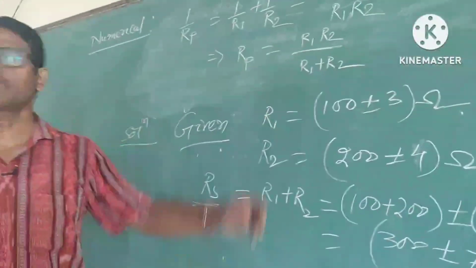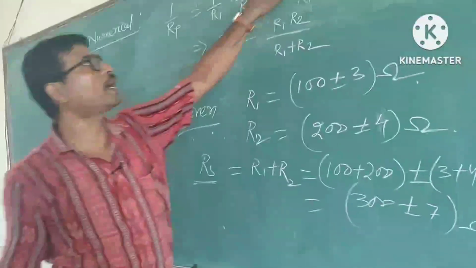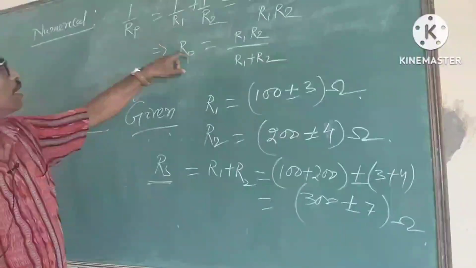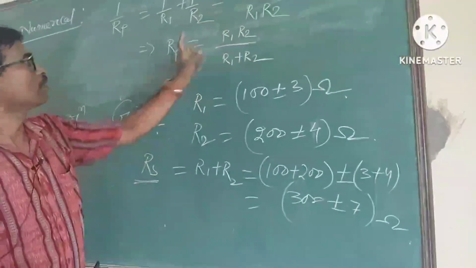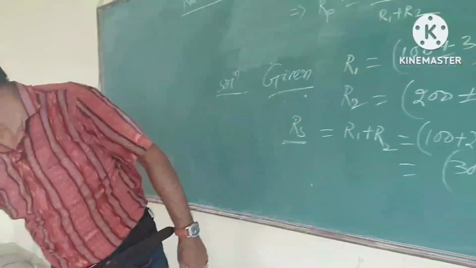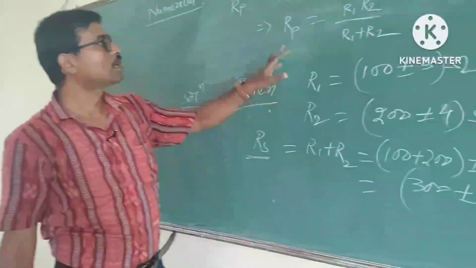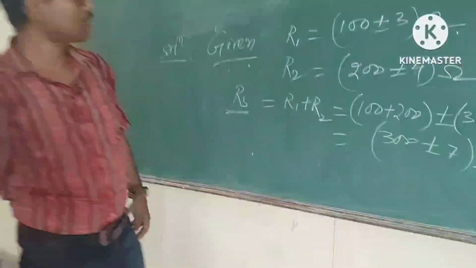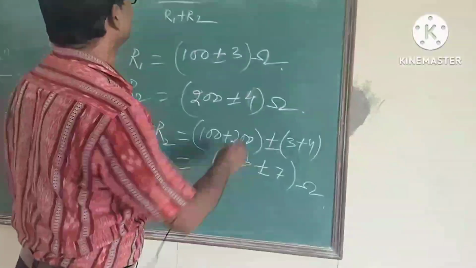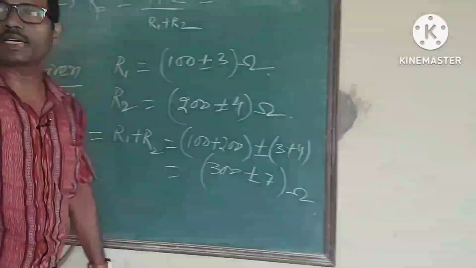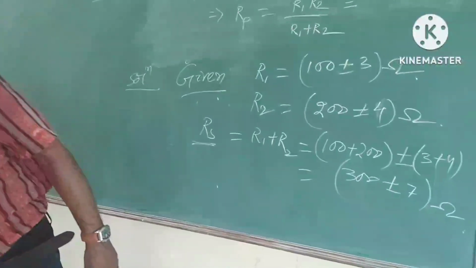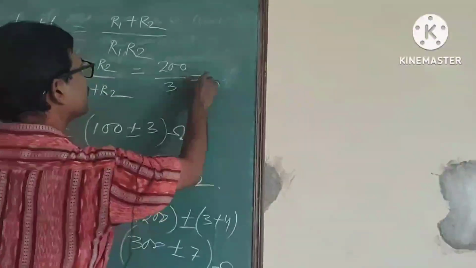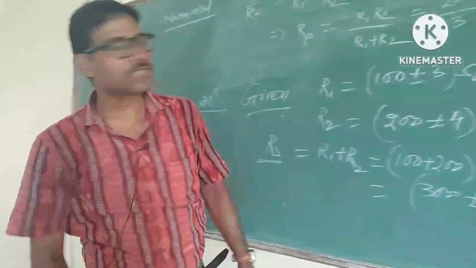This is the formula. I simplified this one and took the reciprocal, 1/Rp was like this, so this also goes upside down. Then write the values of R1 and R2. So how much is it coming? R1 R2 is 200 divided by, on simplifying this one, you will get 200 by 3, 66.7 ohm.